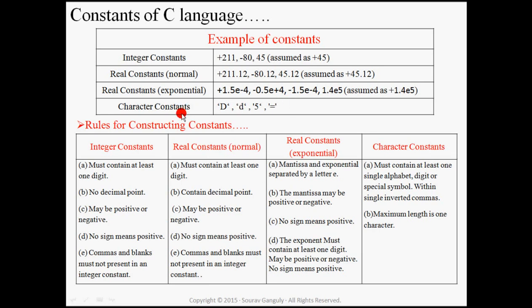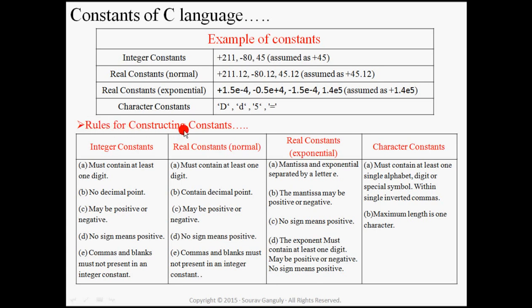Then come to the next point, that is character constant. The example is self-explanatory. One letter, one digit, one number, one sign, everything is a character constant. Remember one thing, that you have to use single quotes when you denote a character constant.